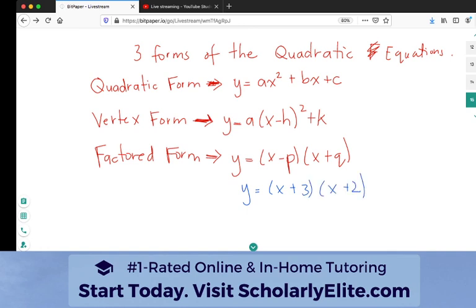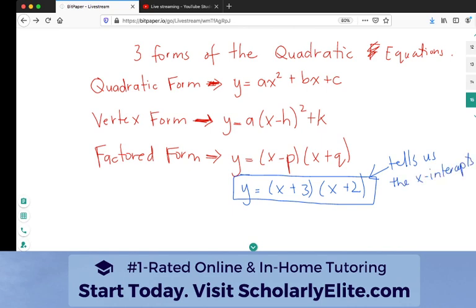Well, this tells us what the x-intercepts are, and I'm going to go into that a little bit further today. But it also can be transformed into our quadratic form very easily. You just multiply everything out. So this is going to actually become y equals x squared plus 5x plus 6. And that is the quadratic form right there.